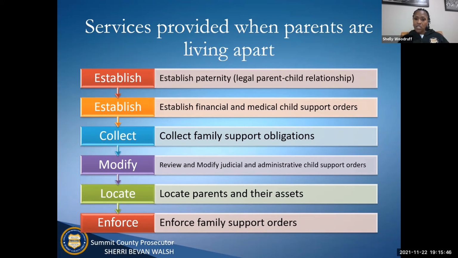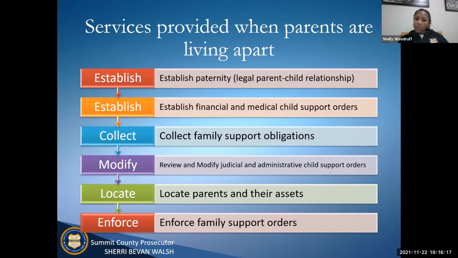When we say enforce the child support orders, we try to withhold from an employer. If we're unable to withhold from the employer, then we try to find out if their bank accounts are available. They will be reported to the tax offset if we're not receiving payments, so we can intercept their taxes. We will suspend driver's license for non-payment of child support, which we'll talk about a little further down.